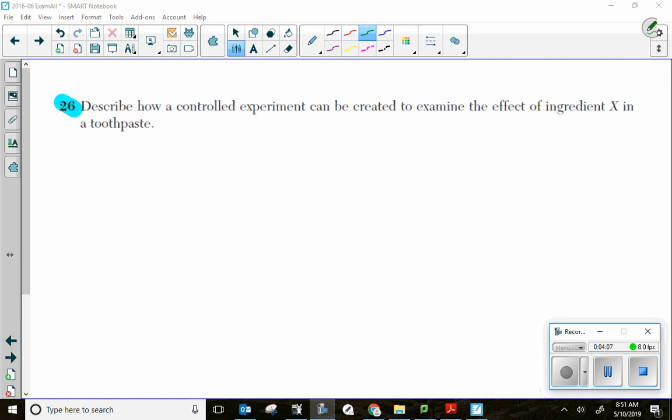Okay, so let's say I create, and I'm going to describe, so I'm going to write this. I'm going to create 2 groups.